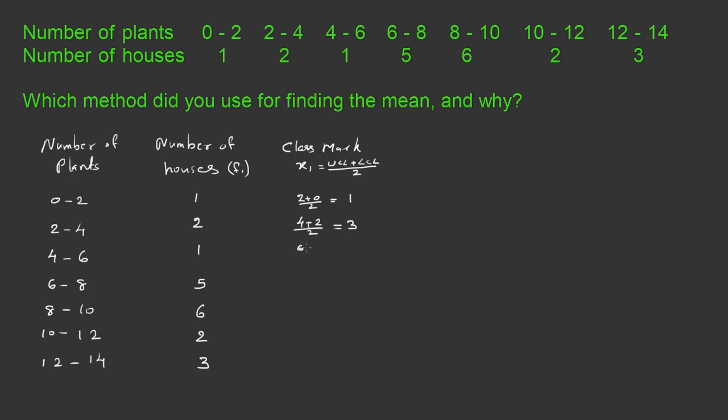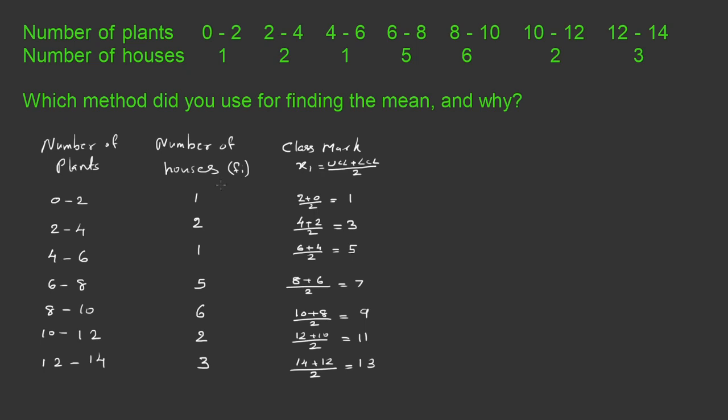Like that, 6 plus 4 by 2 is 5, 8 plus 6 divided by 2 is 7, 10 plus 8 divided by 2 is 9, 12 plus 10 divided by 2 is 11, and 14 plus 12 divided by 2 is 13.